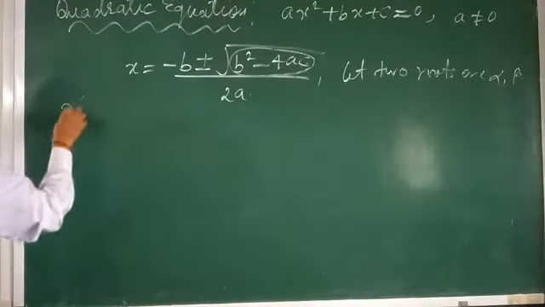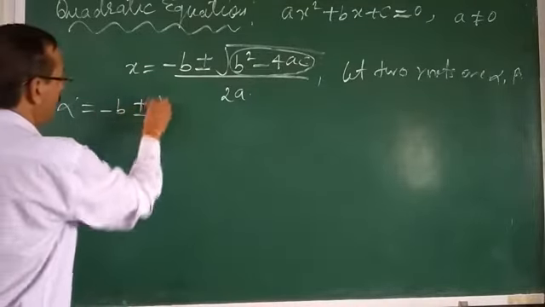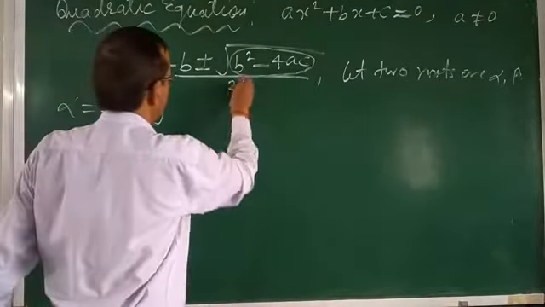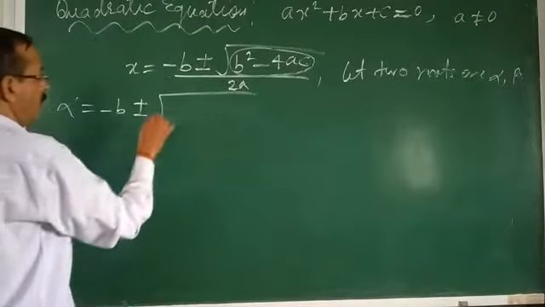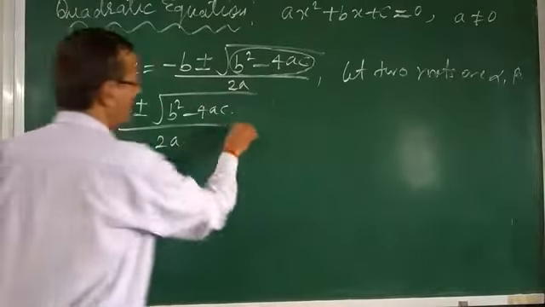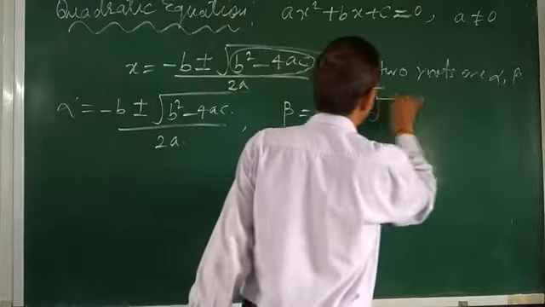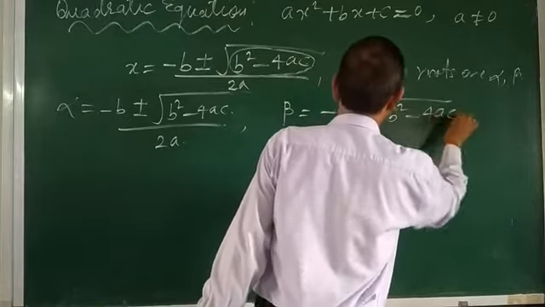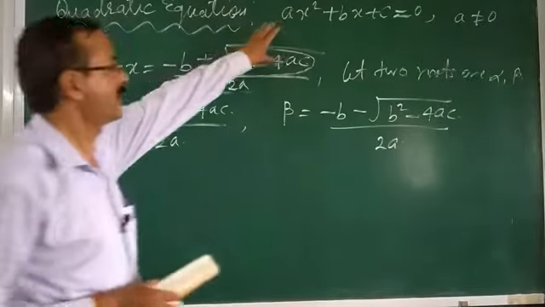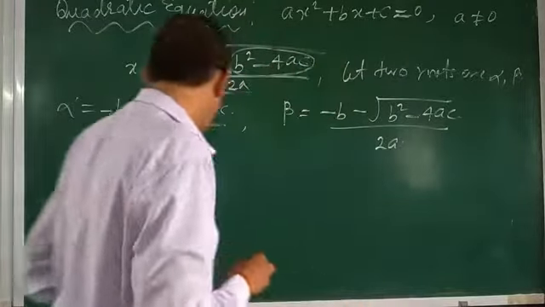So alpha is equal to minus b plus under root b square minus 4ac upon 2a, and then beta is equal to minus b minus under root b square minus 4ac upon 2a. So let these two roots of this quadratic equation be alpha and beta. एक alpha है और एक beta है.